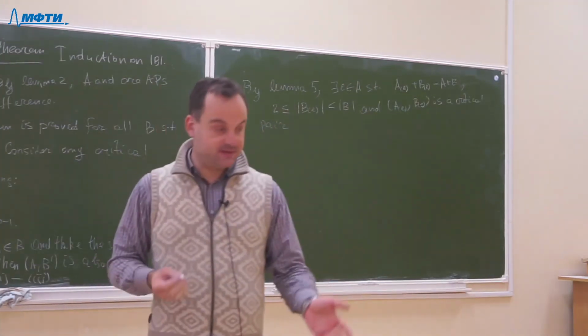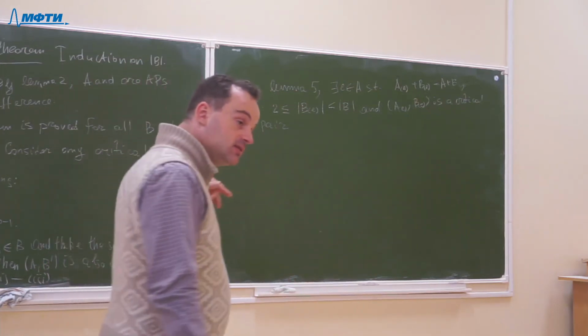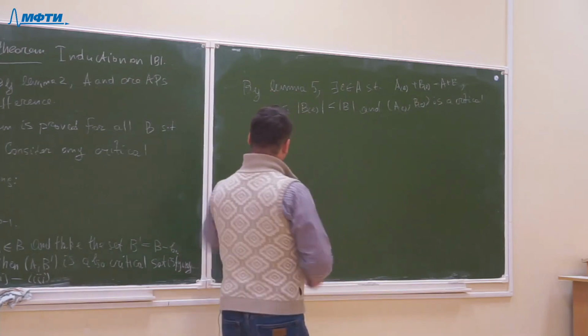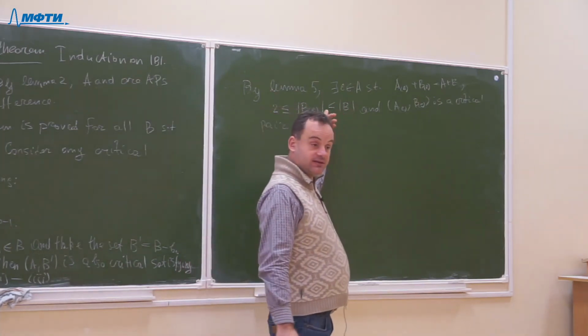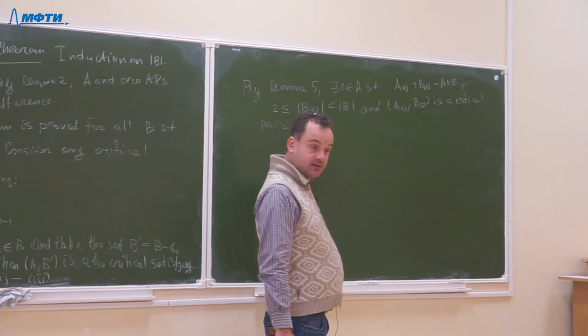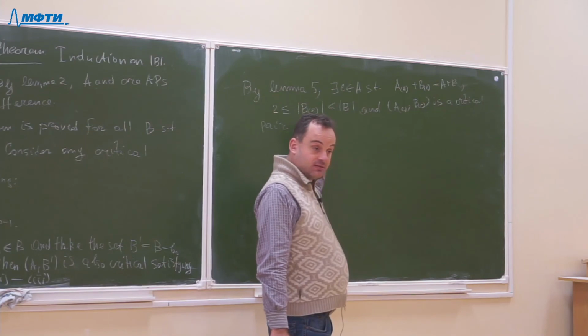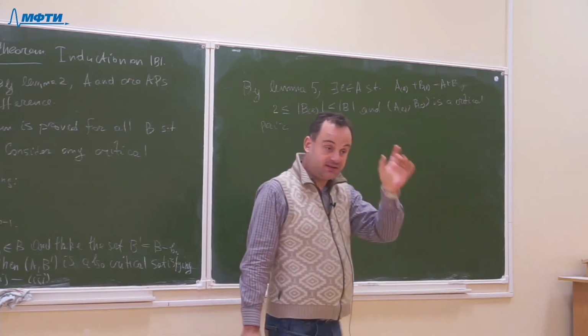What does this mean? This means that by the induction hypothesis, we just reduced the cardinality of B, right? And we still have the condition that the cardinality of B is at least 2.